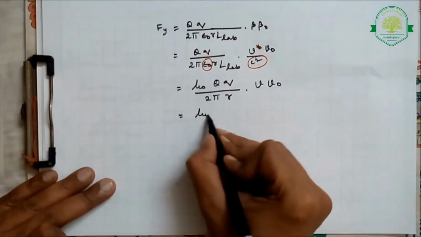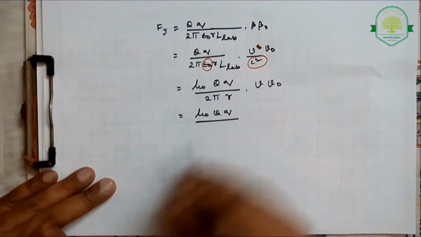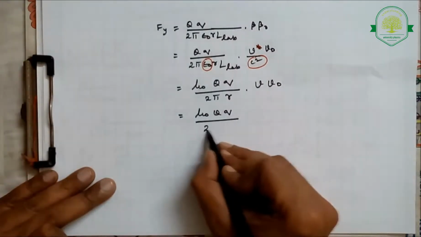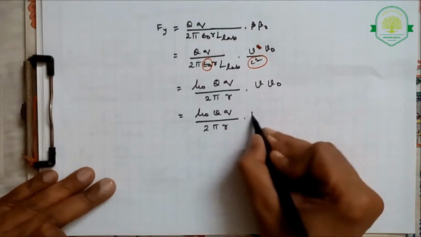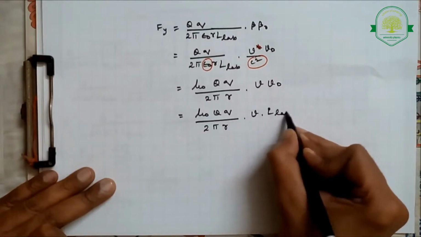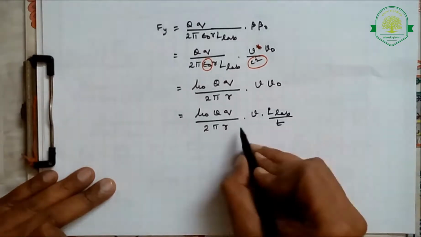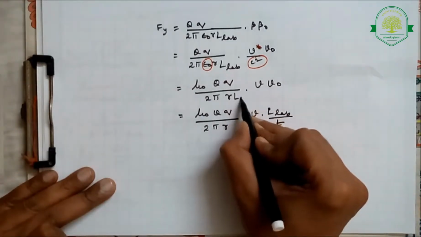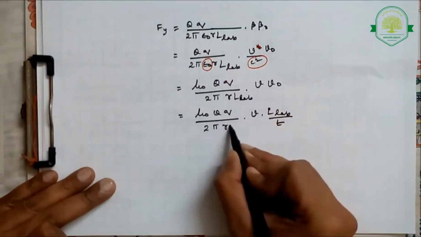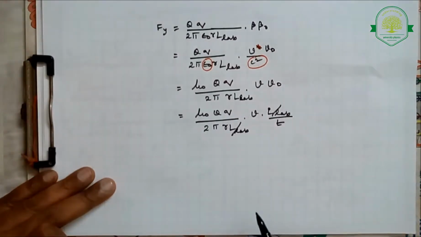So this is mu naught capital Q small q over 2 pi r times V times L lab over T. I've missed an L lab down here below. So these two L labs will cancel each other out.